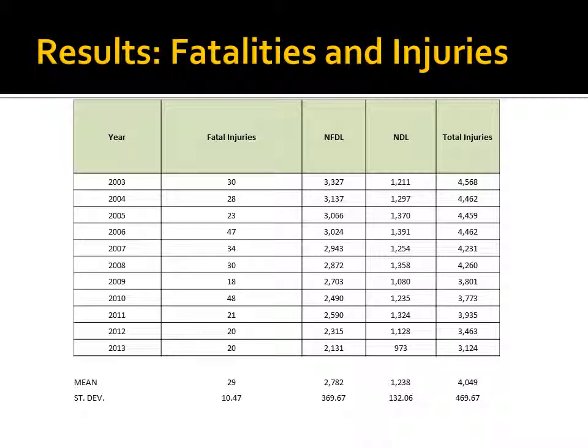And adding up the fatal injuries, the NFDL and the NDL will yield your total injuries, which I could then pull my FIR and TRC rates from, also using the amount of employee hours worked by all employees in the industry.